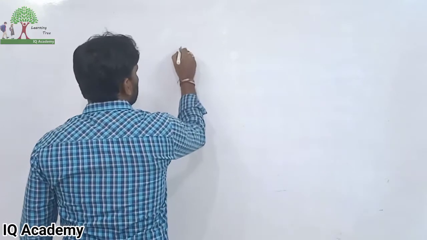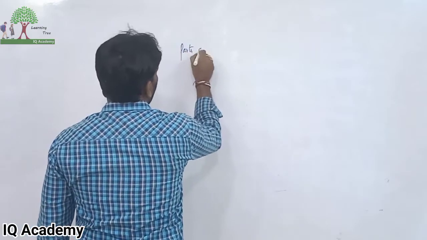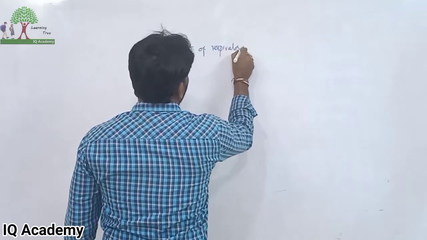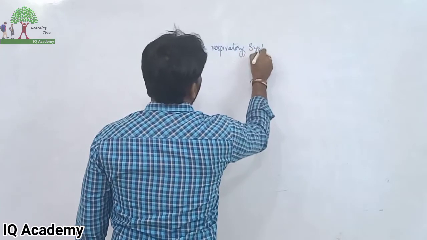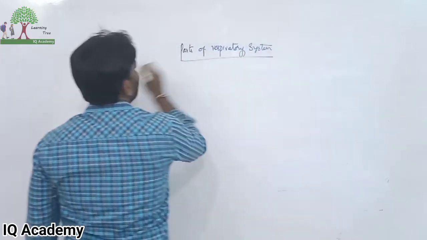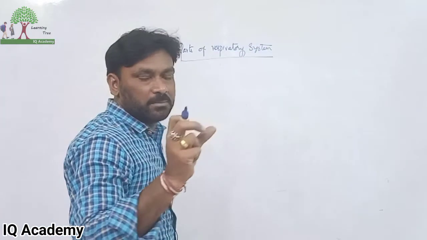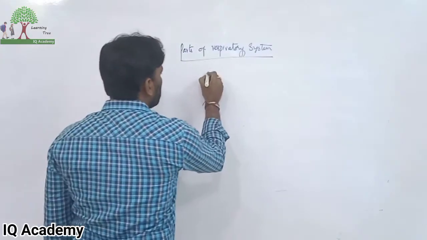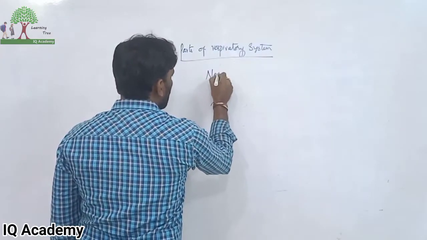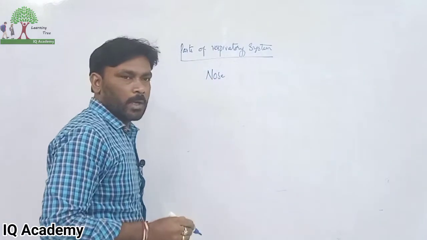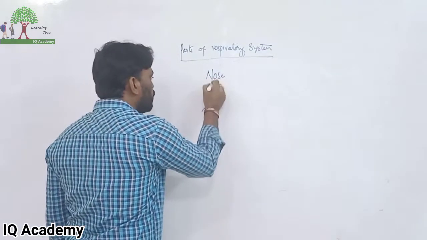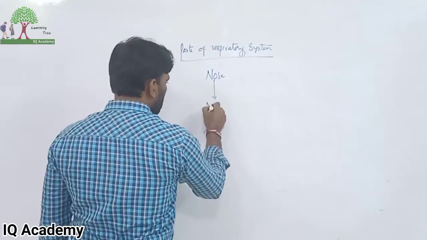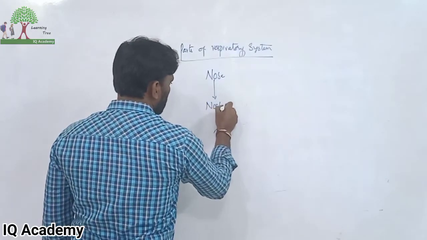First, the parts of the respiratory system. The respiratory system starts with the nose, and the nose consists of two passages called nostrils.